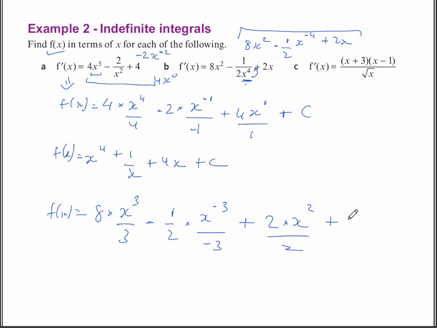Then obviously we'll have our plus c at the end because everything has a plus c. This will give us 8 over 3 x cubed plus 1 over 6x cubed plus x squared plus c. And that is going to be our function f of x for this f prime from b.